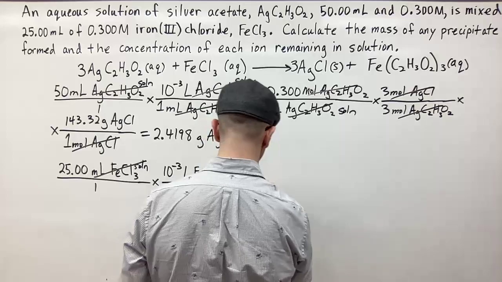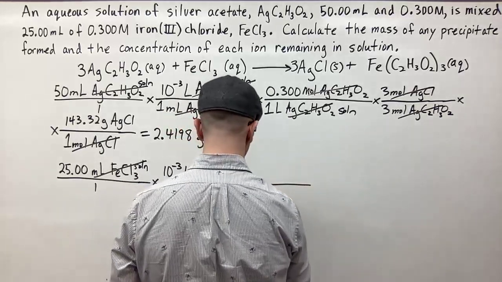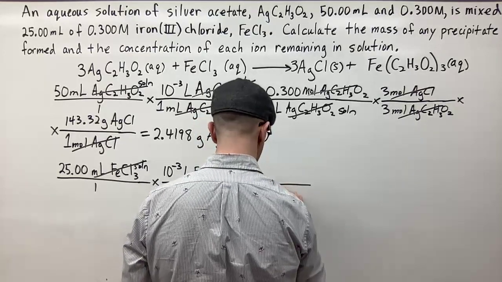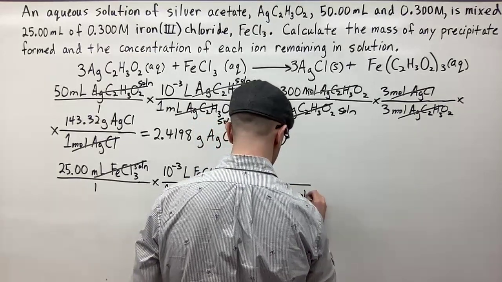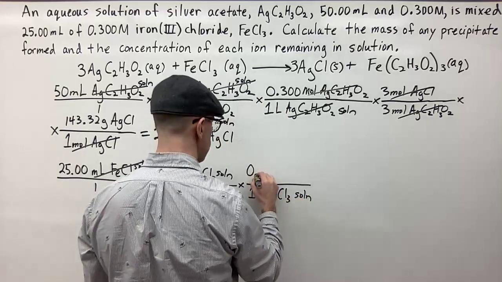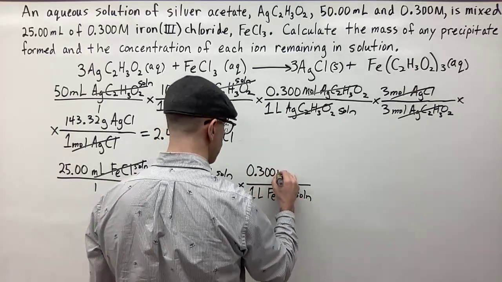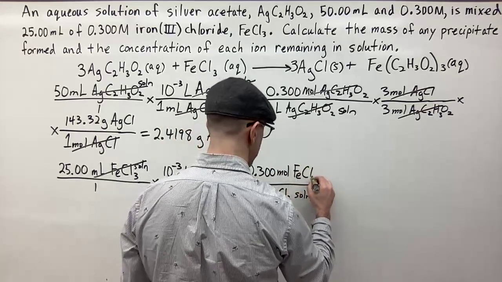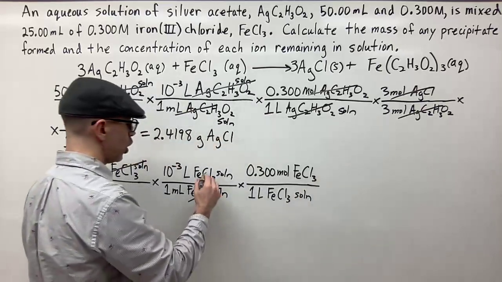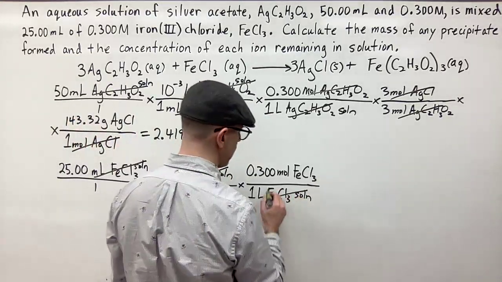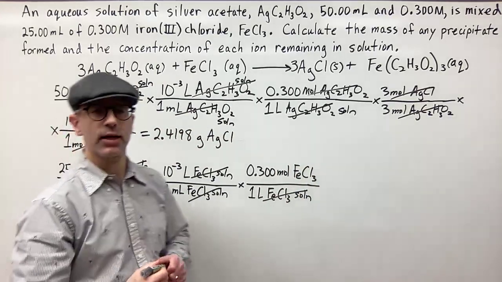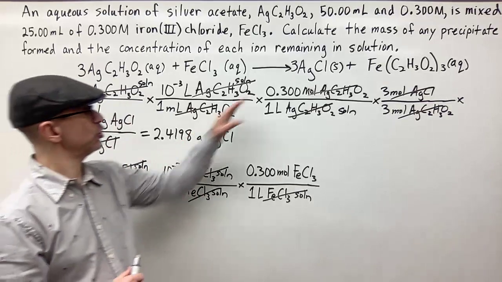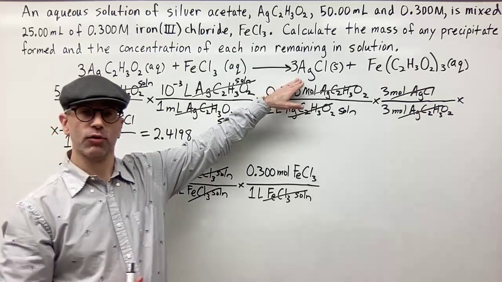So that means that 1 liter of the iron 3 chloride solution is going to give me 0.300 moles of iron 3 chloride. So the liters of solution cancel out. Now I have moles of the iron 3 chloride. Now I can use the mole ratio in my balanced equation to convert to moles of the silver chloride.